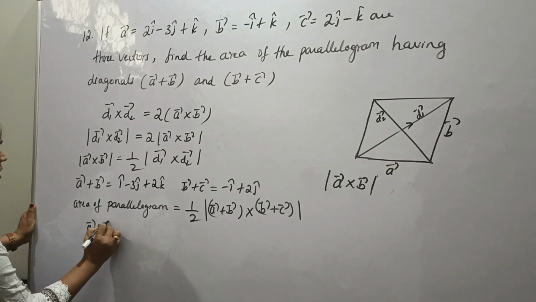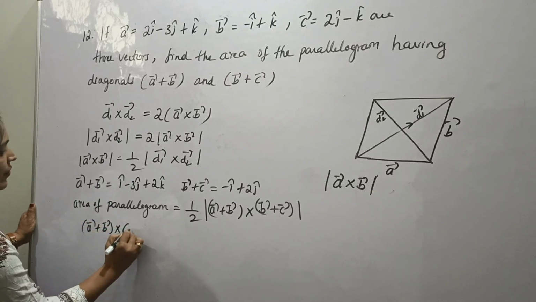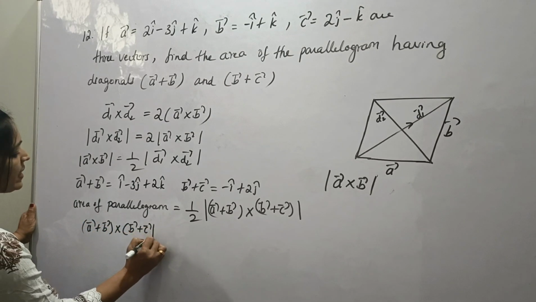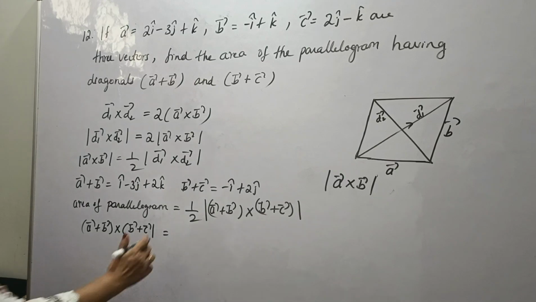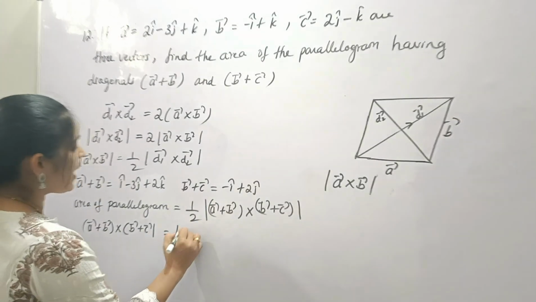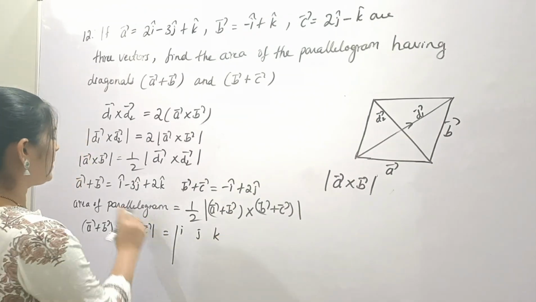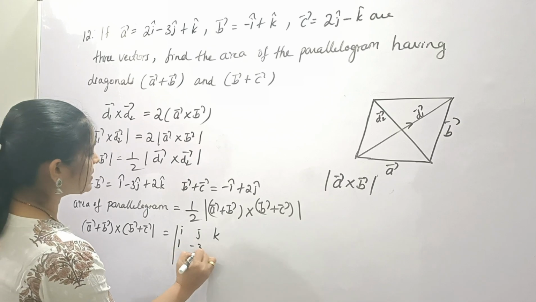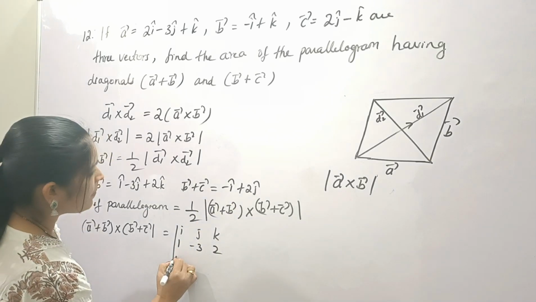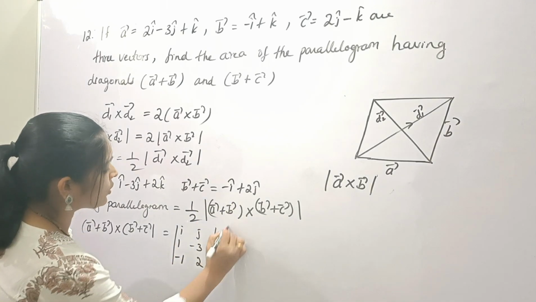Vector A plus vector B cross vector B plus vector C is equal to the determinant with rows i, j, k; 1, minus 3, 2; minus 1, 2, 0.